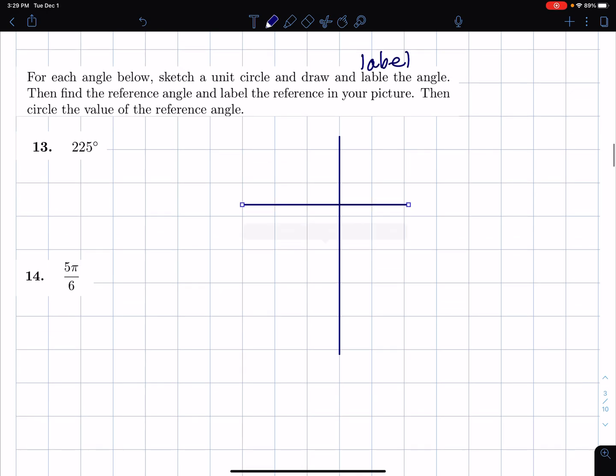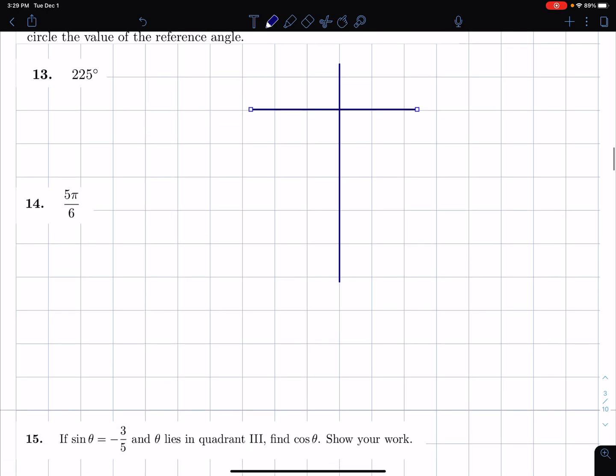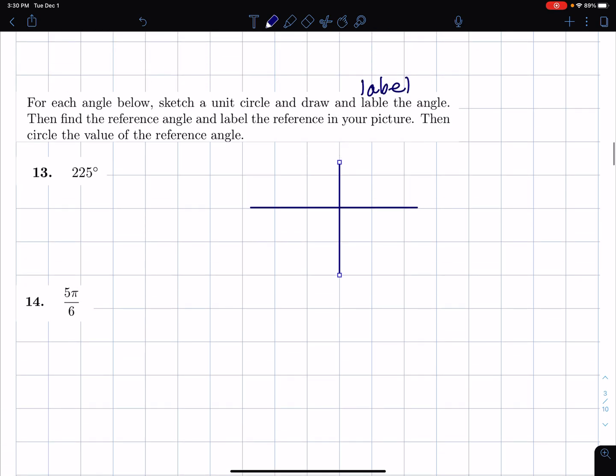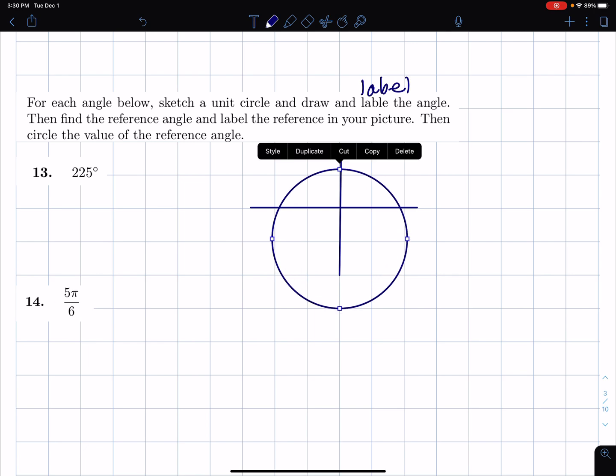Okay, that sounds good. So here we have 225 degrees. How can we look at 225 degrees? By the way, is this too small? Maybe. Why don't I make it twice as big?